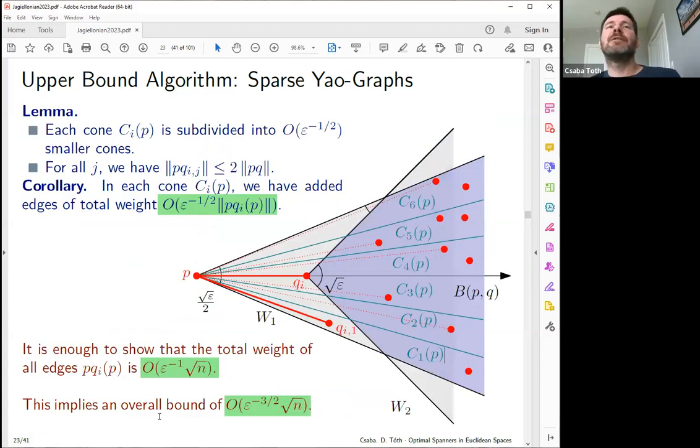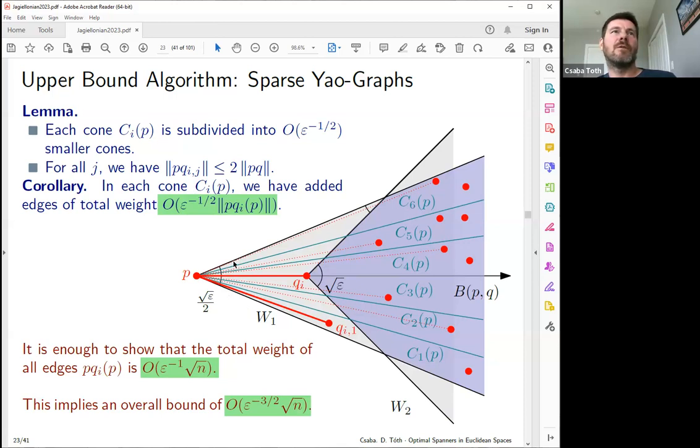So the factor of epsilon to the 1/2 is the ratio between the large cone and the small cones. The large cone has square root epsilon angle, and the small cones have epsilon angle.